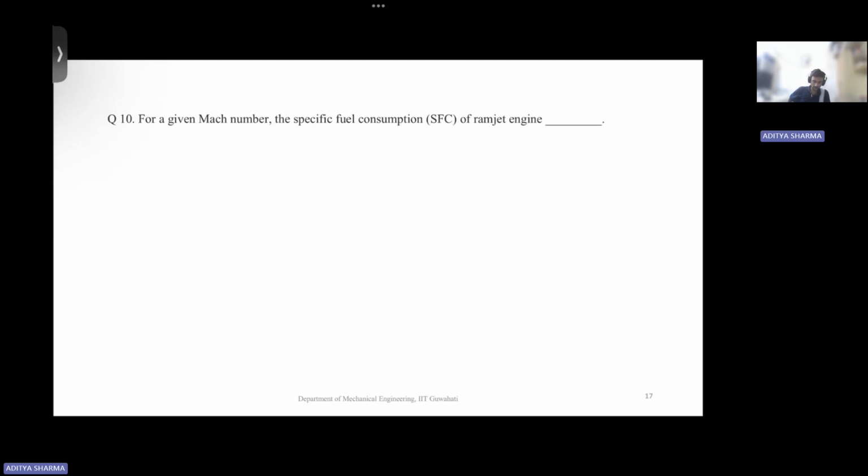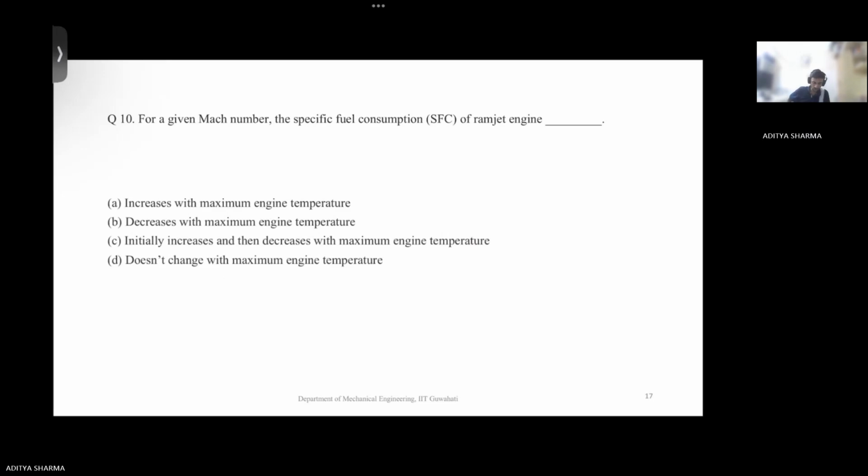So question number 10: for a given Mach number, the specific fuel consumption of Ramjet engine increases with maximum engine temperature, decreases with maximum engine temperature, initially increases and then decreases with maximum temperature, or doesn't change with maximum engine temperature. So 4 options have been given. This is question number 10.